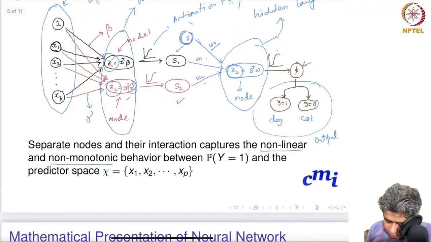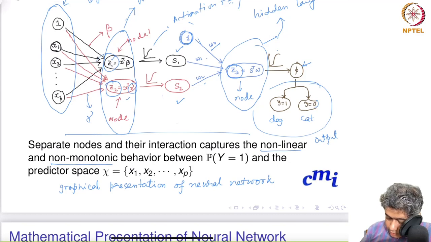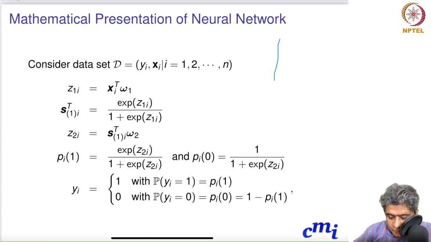This is the graphical presentation of neural network, and this is the mathematical representation of the same neural network with 2 hidden layers, and in layer 1 there will be 2 nodes, so this is my first hidden layer.